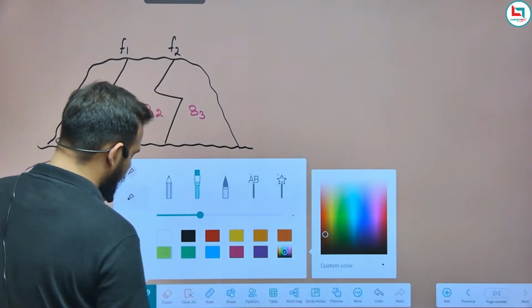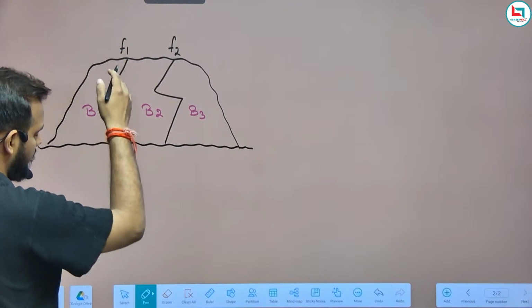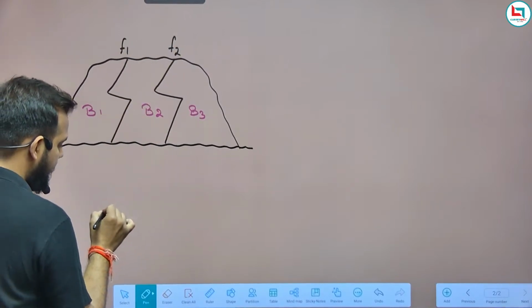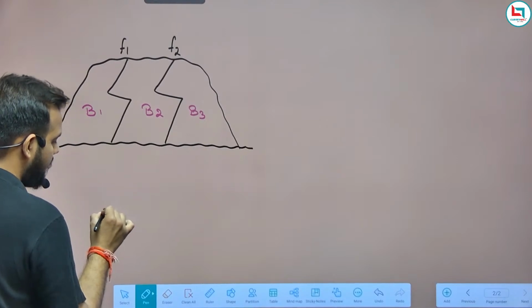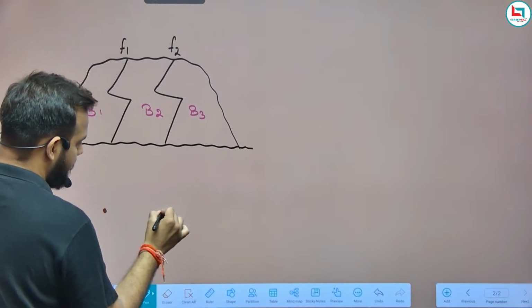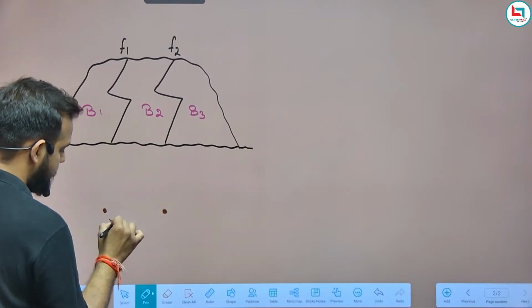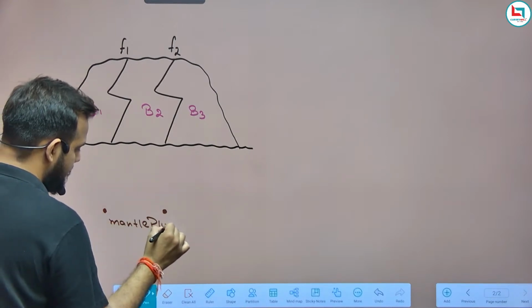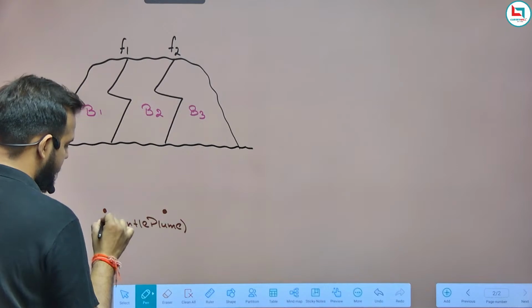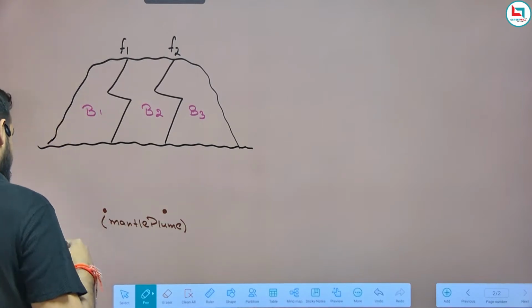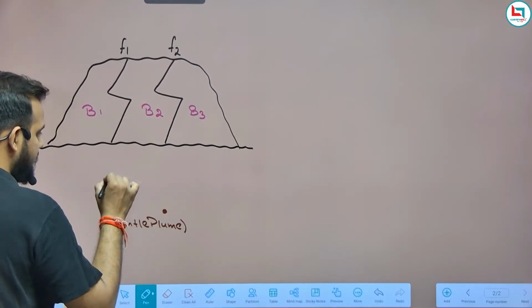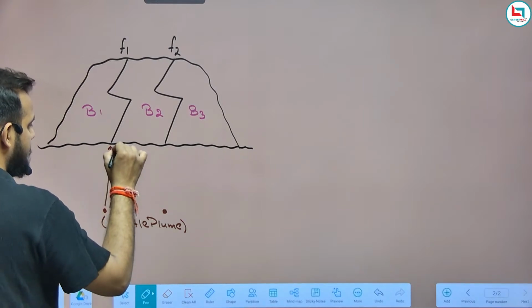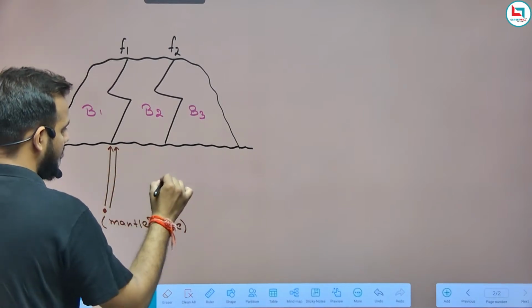Beneath these two fault lines, F1 and F2, we have the presence of a mantle plume. And you know that the mantle plume is generating the endogenic forces.